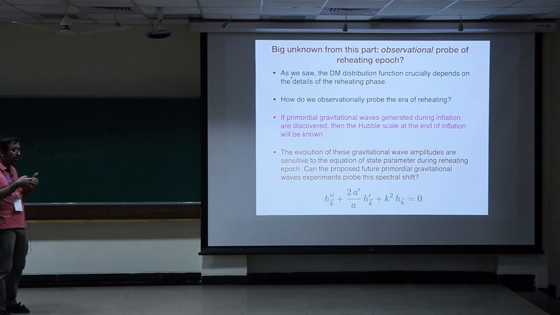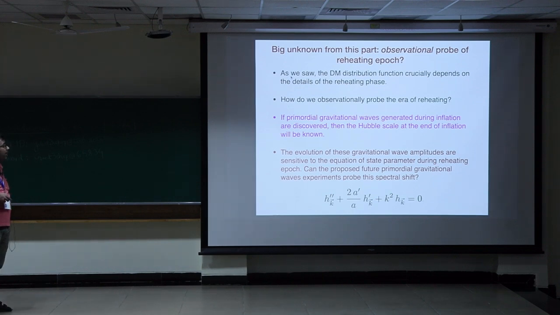So for example, the duration of the reheating that I mentioned, things like that, or the equation of state during reheating will be unknown. One suggestion to probe the reheating era might be to study the evolution of the gravitational wave amplitude, because those will be sensitive to the equation of state parameter during the reheating.